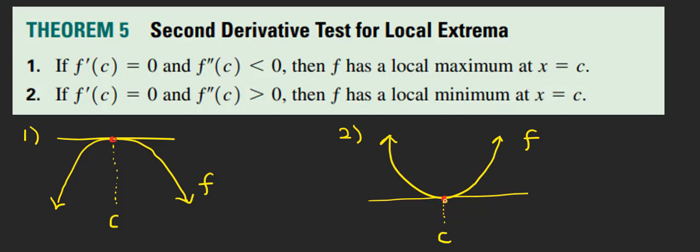So at a local minimum, the first derivative is equal to 0, and f will be concave up. At a local maximum, the first derivative is equal to 0 because you're going to have a horizontal tangent line at that point, and the graph of f will be concave down.